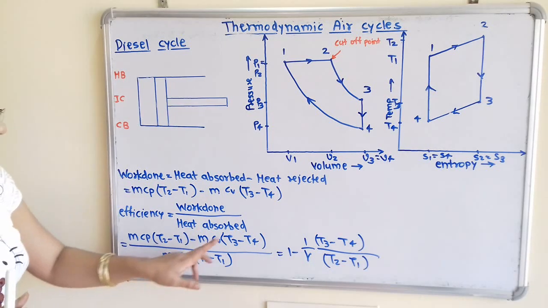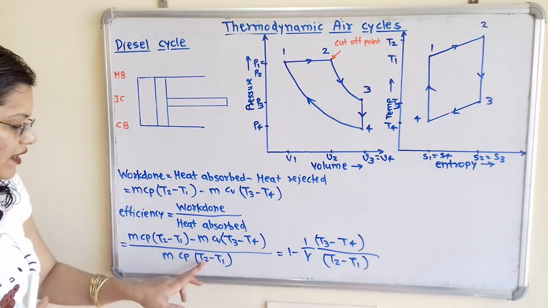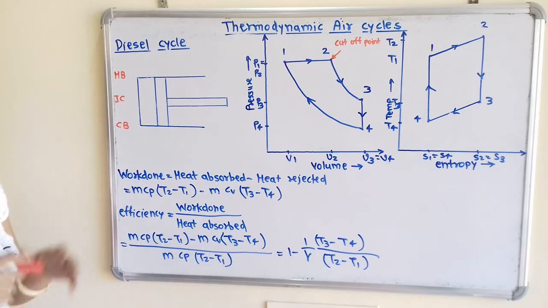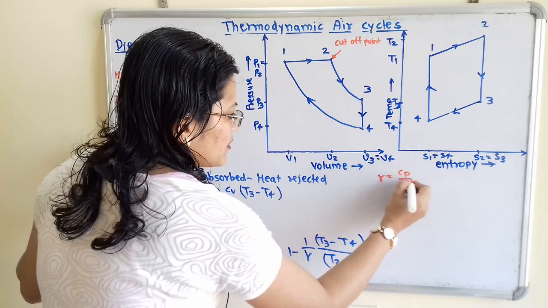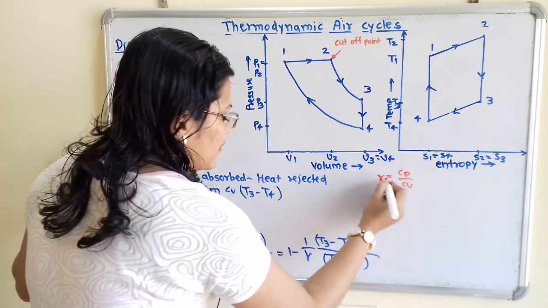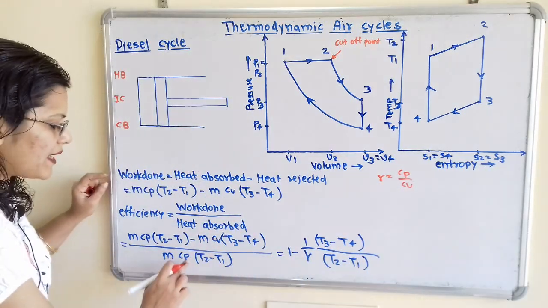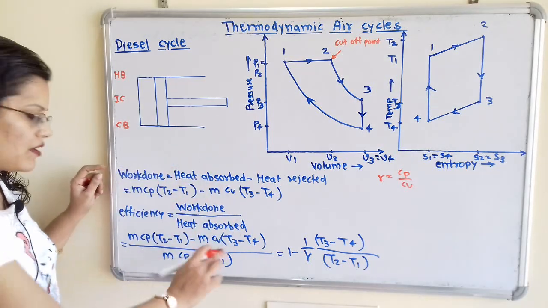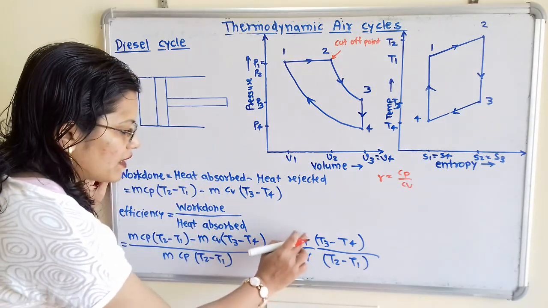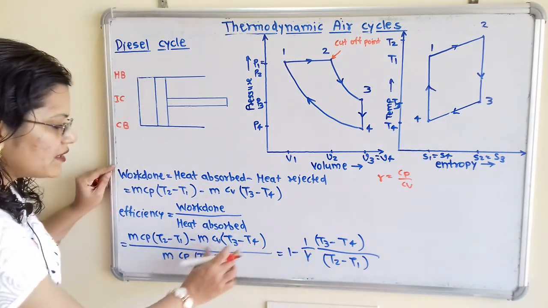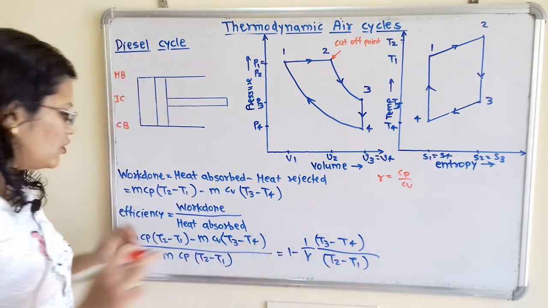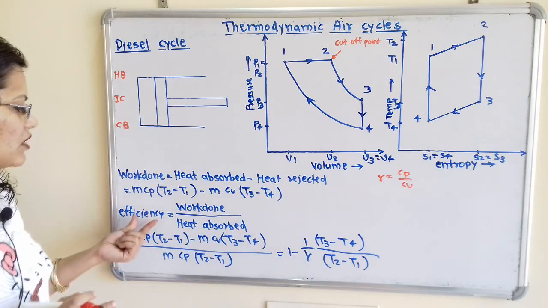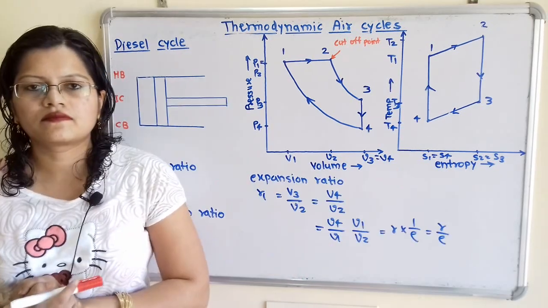Cv by Cp into (T3 minus T4) divided by (T2 minus T1). Now we know that gamma is equal to Cp by Cv, so Cv by Cp is 1 by gamma. So here I will put 1 minus 1 by gamma, and remaining we write (T3 minus T4) divided by (T2 minus T1). So this is the formula to calculate the efficiency.